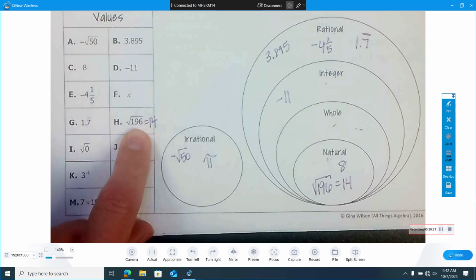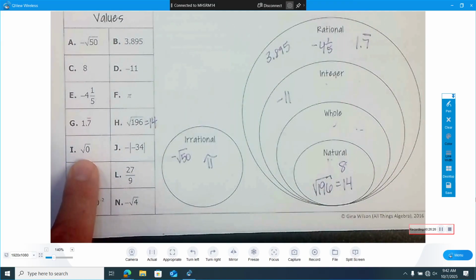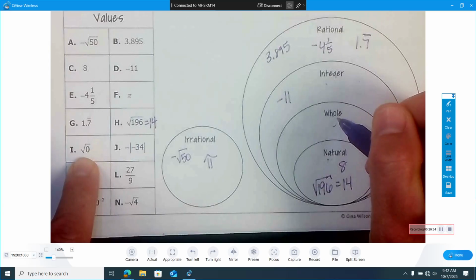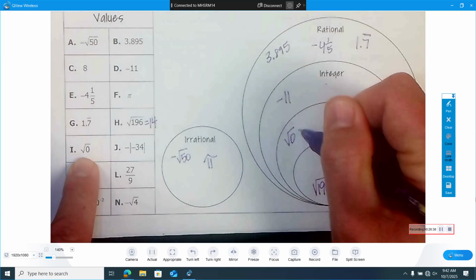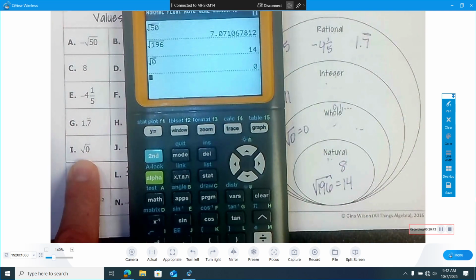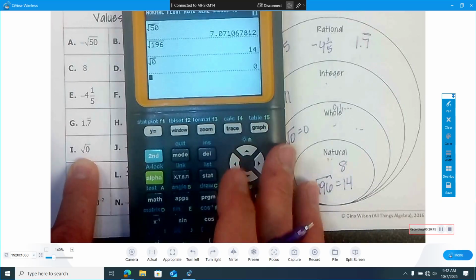What's the square root of 0? Where does that first appear? Whole numbers. Very good. Remember, whole starts with 0 and then 1 and goes on and on. So the square root of 0 equals 0. I want to double check, make sure there's not some rule I'm missing. Yep, square root of 0 is certainly 0.